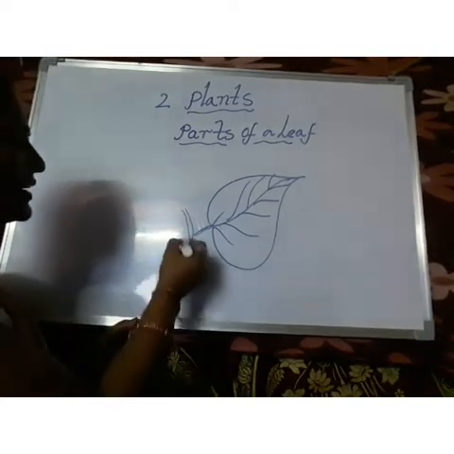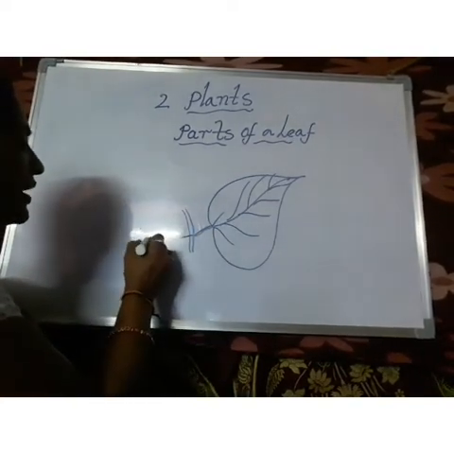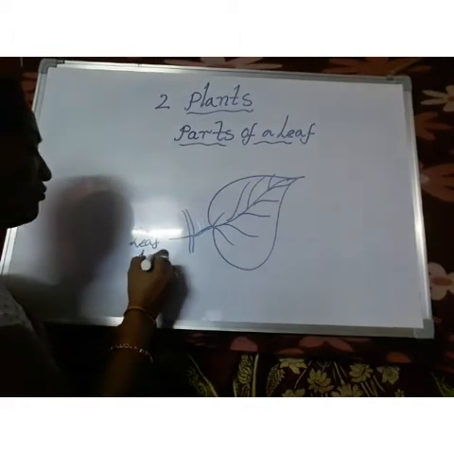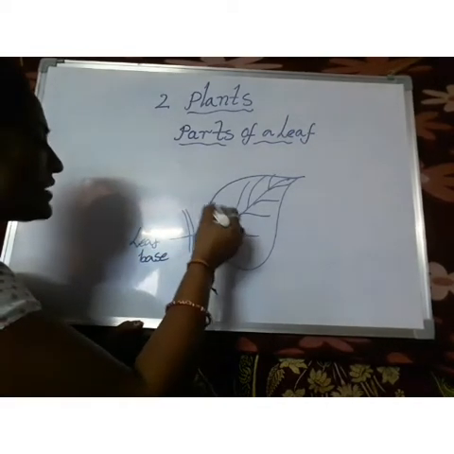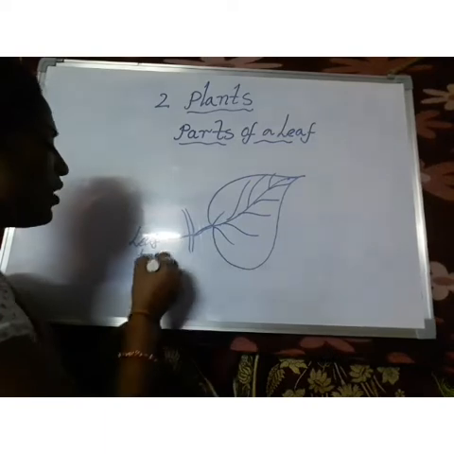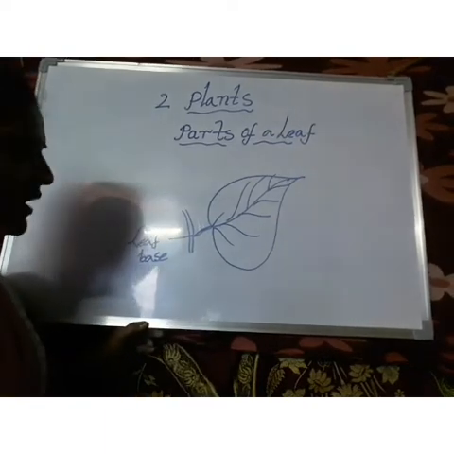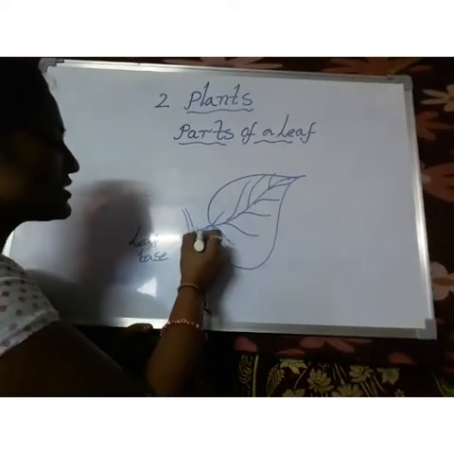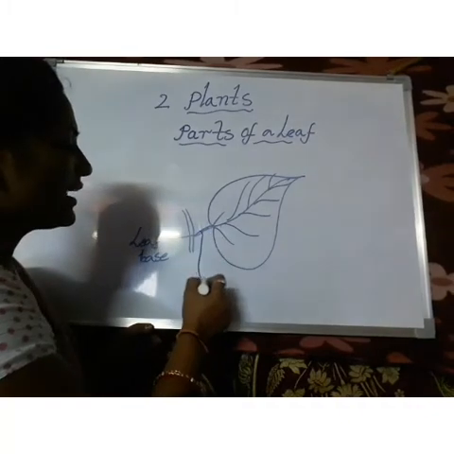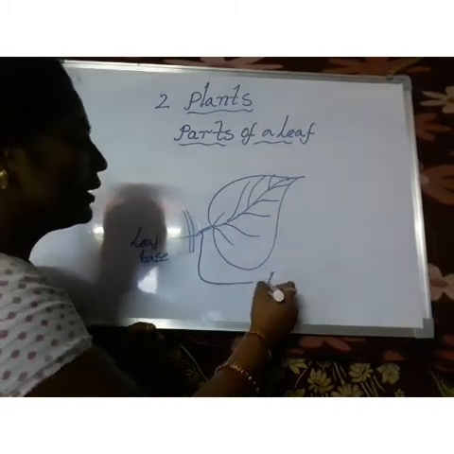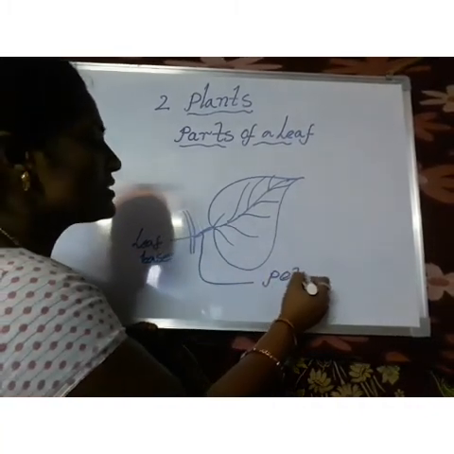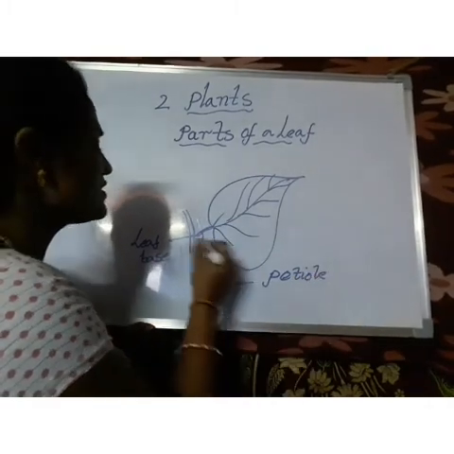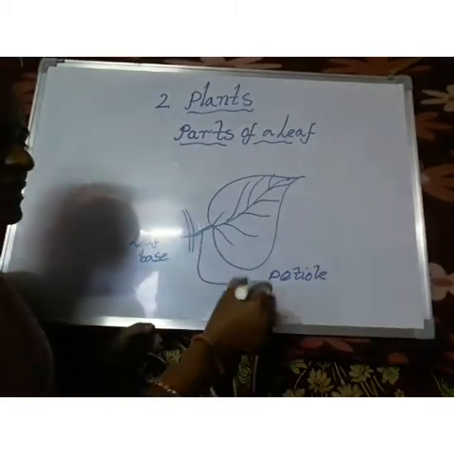Where the leaf is attached to the stem, that part we call the leaf base. And this stalk-like structure is called the petiole.